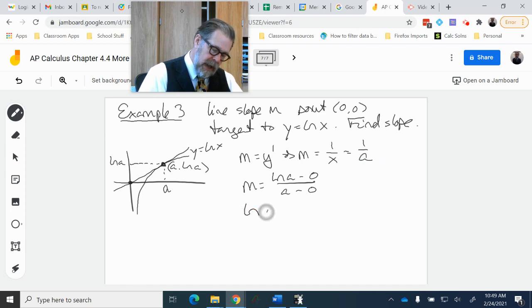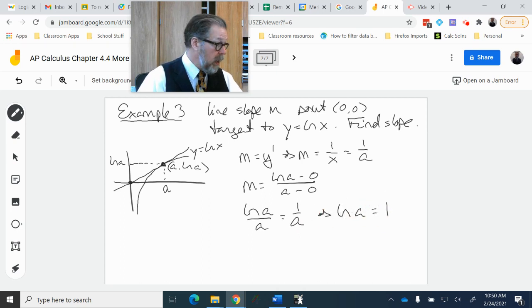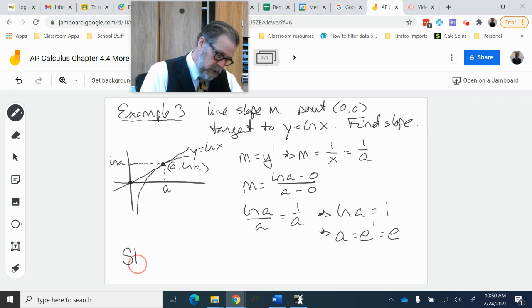So natural log of a over a must be equal to 1 over a. This implies that natural log of a must be equal to 1, which of course implies that a must be equal to e to the 1, which is just e. So the slope of that tangent is equal to, be careful, 1 over a.